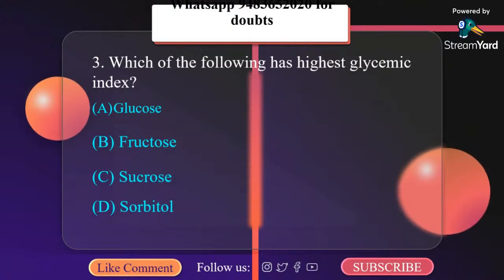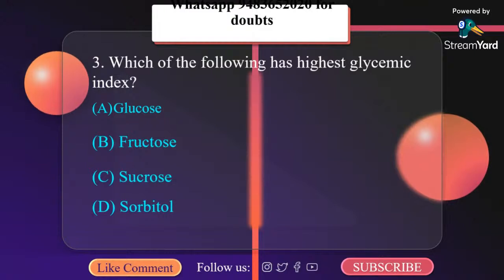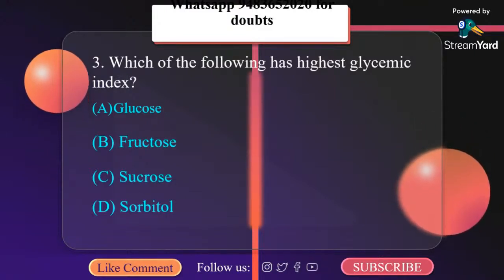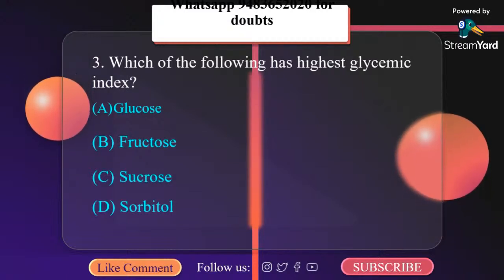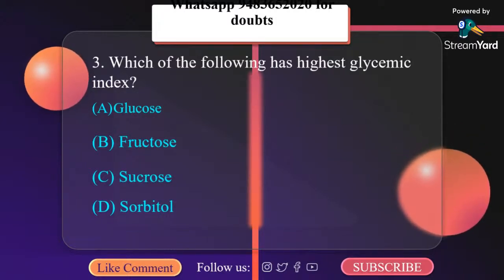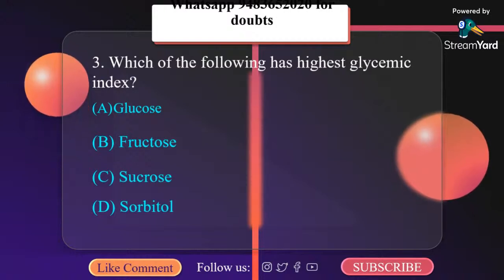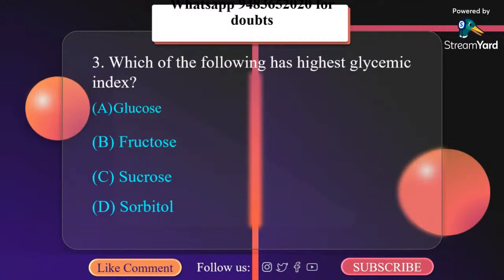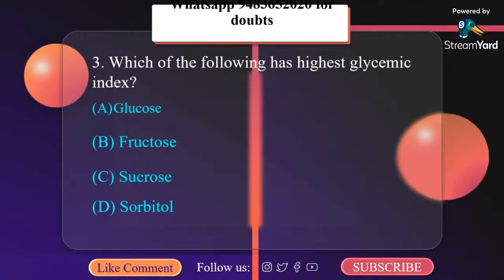Which of the following has the highest glycemic index? Now, let us know what glycemic index is. This is the increase in blood glucose after a test dose of carbohydrate compared with that of an equivalent amount of glucose. The glycemic index is a value assigned to foods based on how slowly or how quickly those foods cause an increase in blood glucose level. The highest glycemic index is for glucose and galactose.